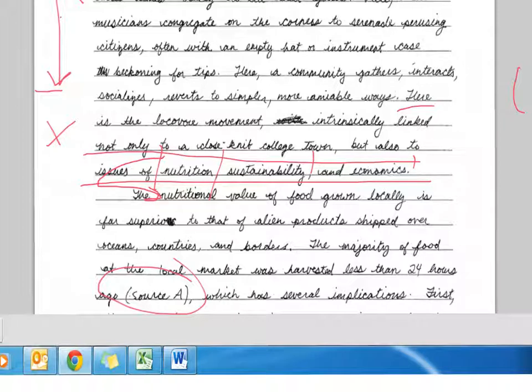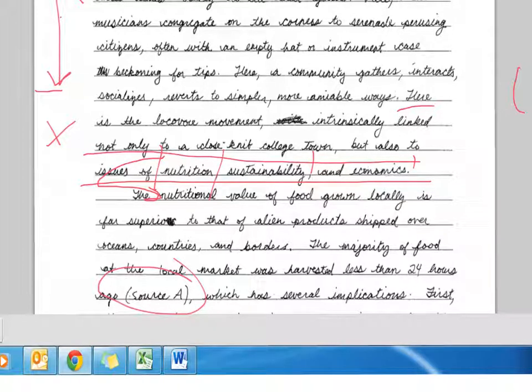So, please note that this student has done 2 things in her thesis statement. Firstly, she's identified the issues surrounding the locavore movement she's going to talk about, in this case, nutrition, sustainability, and economics. And secondly, she's made it abundantly clear to the examiner that she is going to be writing in a very positive light.